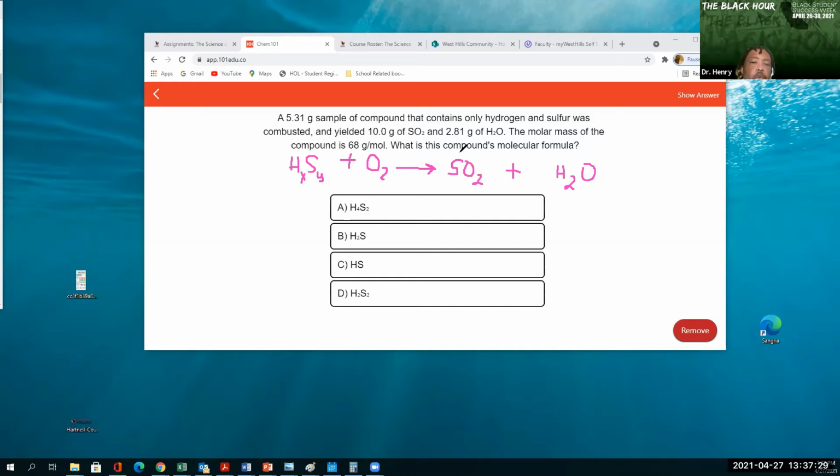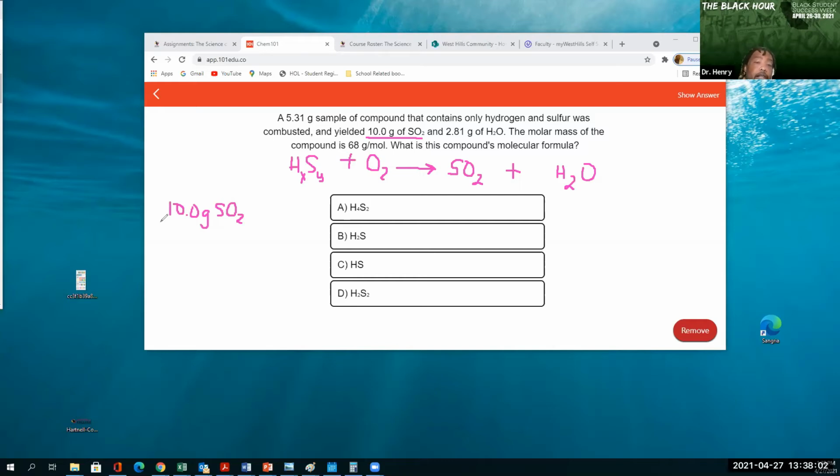We don't know the chemical relationship because we don't know what these compounds are, but we're going to use this in a tricky way. We know that we have 10 grams of sulfur dioxide, and all of the sulfur is going into our compound.